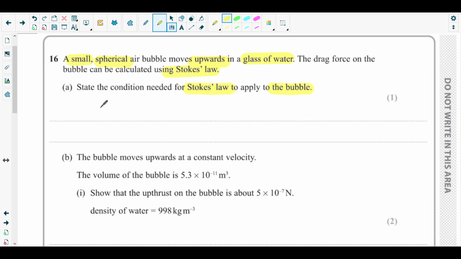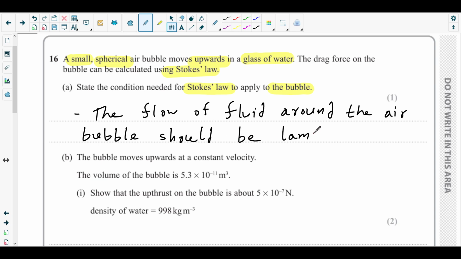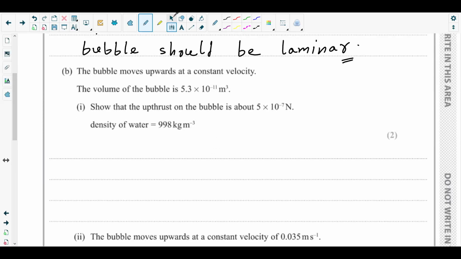I'm writing here: the flow of fluid around the air bubble should be laminar. Okay, that's it.